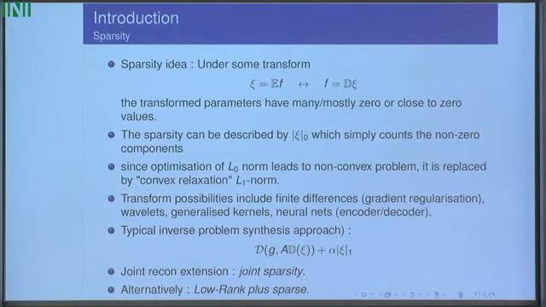Wavelets, I mentioned, or generalized kernels coming from machine learning, or popular is to use neural networks, where we talk about a variational encoder and decoder, where you learn this encoding in this mixture of affine and nonlinear layers. So then the typical inverse problem, or what's called the synthesis approach, says we're now optimizing for the parameters psi.